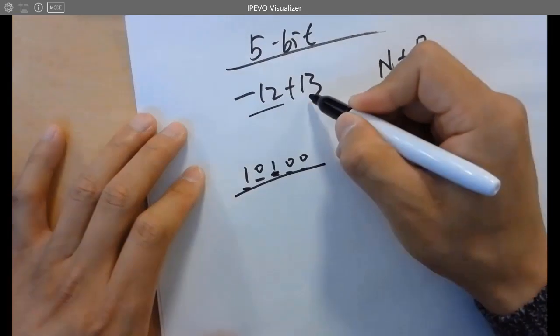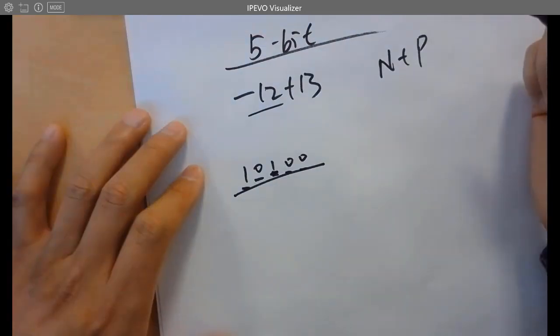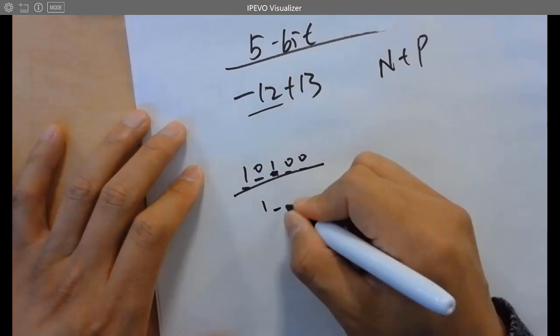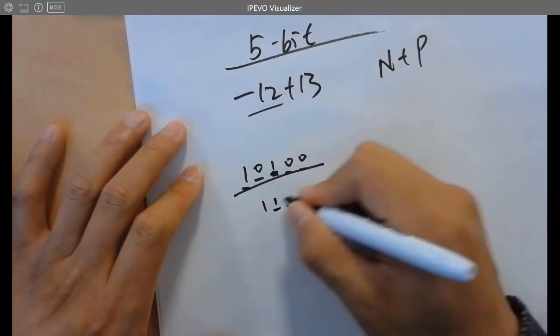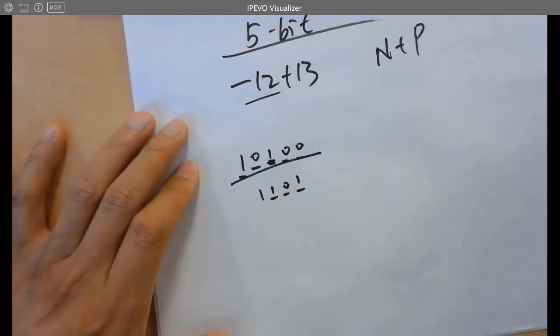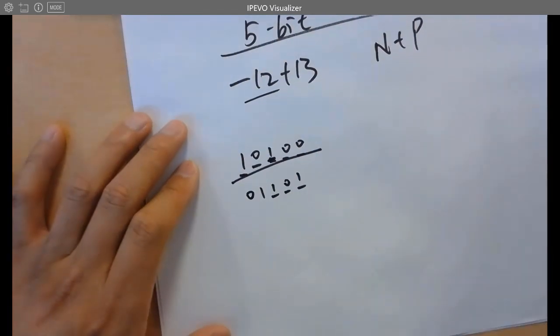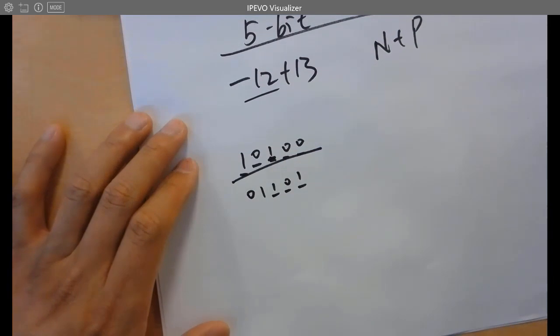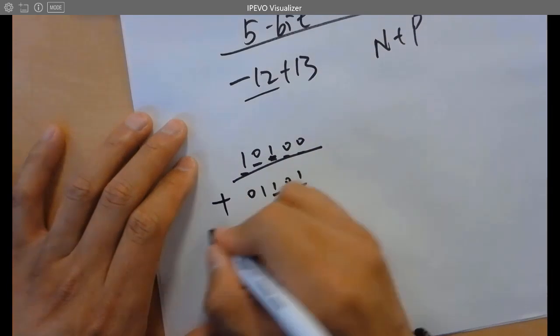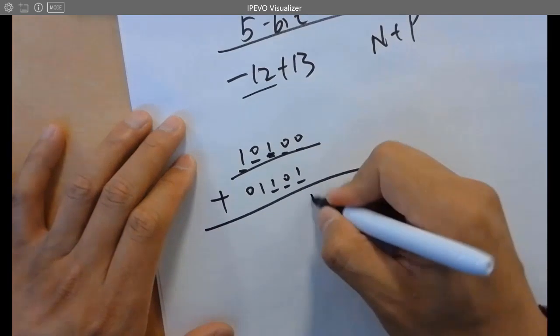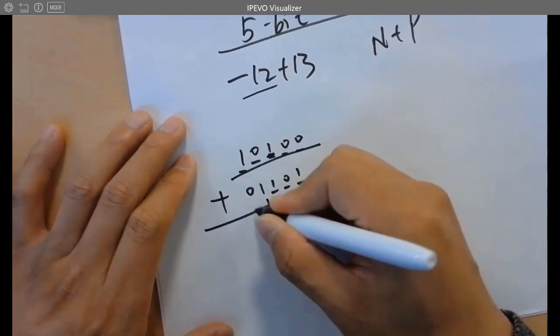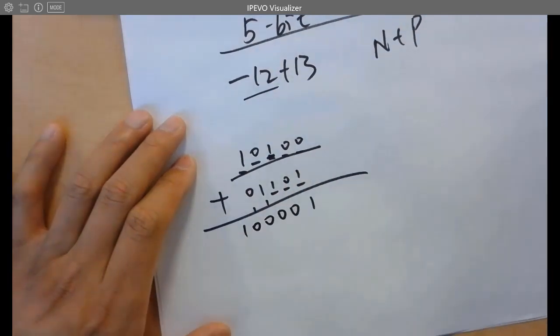What about 13? 13, you need 8 plus 5. And you need a 0 in the front to make a 13, right? And now let's add them together. 1 0 1 0 1 0 1 0.